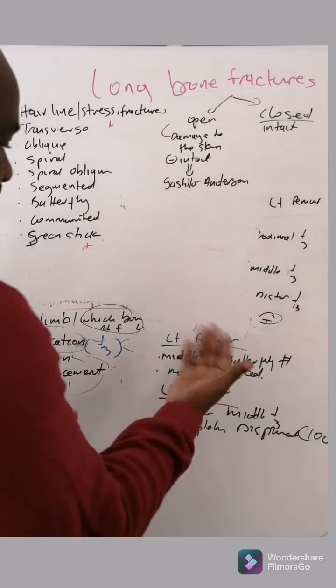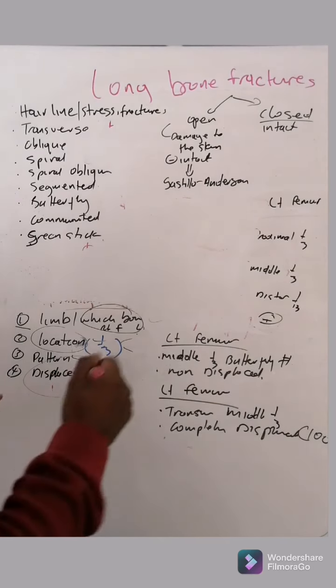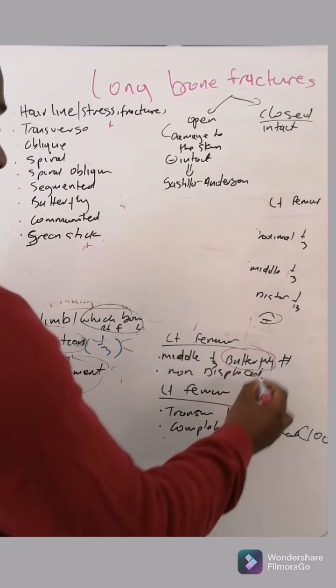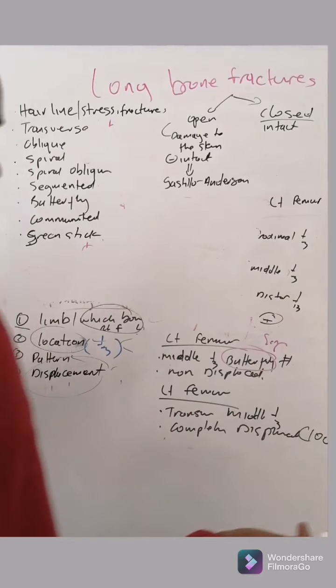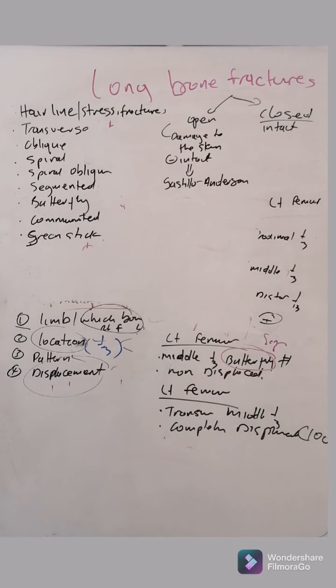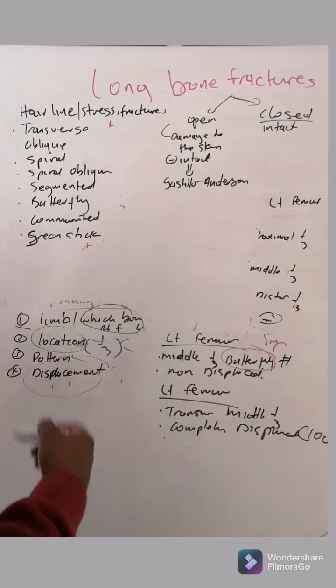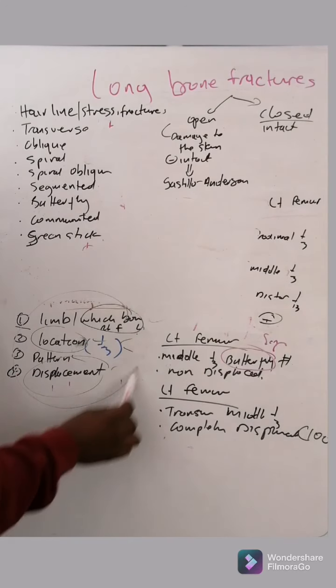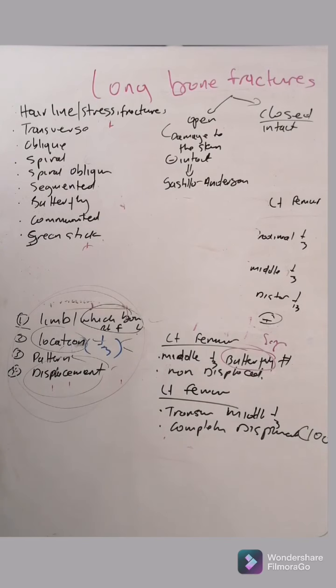For instance, if we've got a fracture in the left femur, and this fracture was not a butterfly, now it was a segmented fracture, we would say left femur, middle third, segmented fracture, that is undisplaced, simple as that. Or whatever, spiral fracture. What is important is to make sure that you use these for describing fractures.